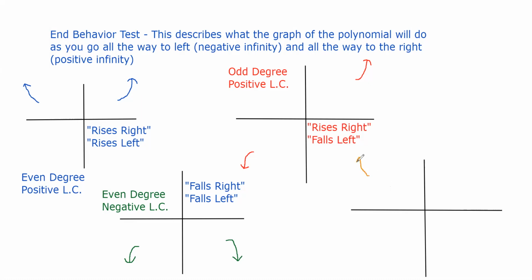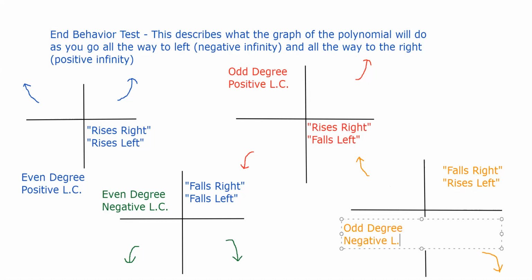This one's going to rise to the left, fall to the right, so falls right, rises left, and that is going to occur when you have an odd degree and a negative lead coefficient. Okay, so kind of interesting stuff. This is called the end behavior test.